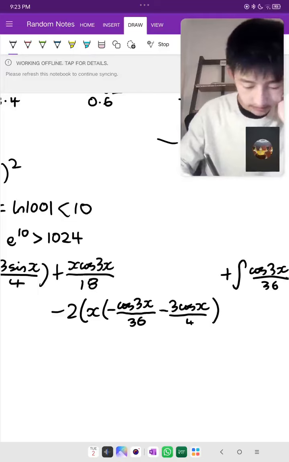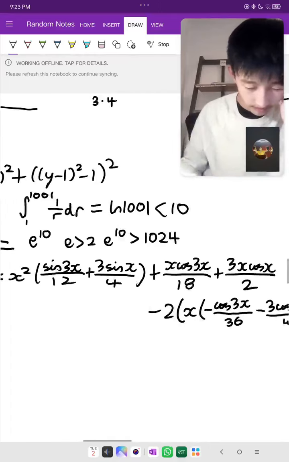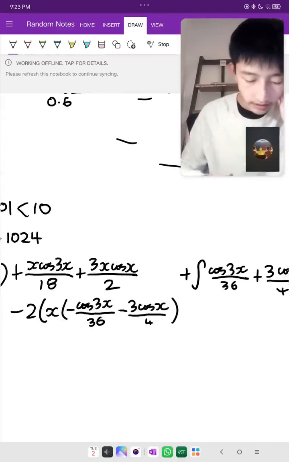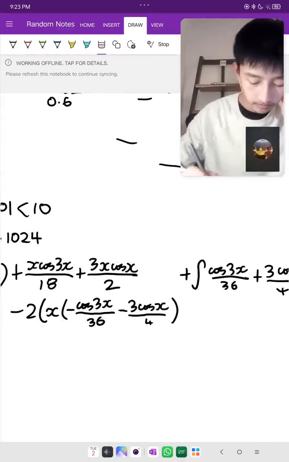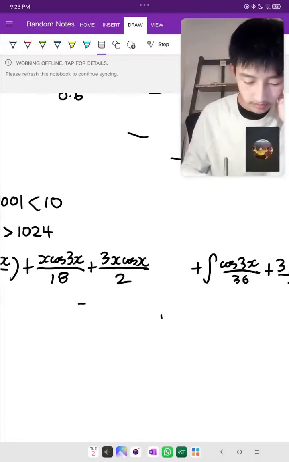Then plus 3 cos x over 2, 3x cos x over 2. Okay. Then I need to subtract 2 times this integral.